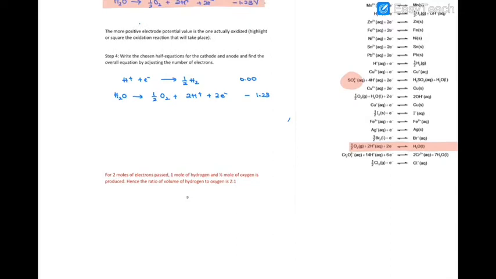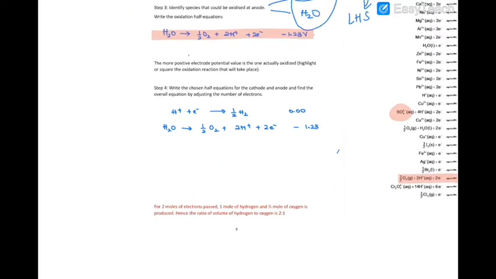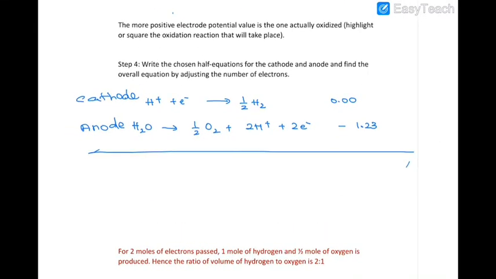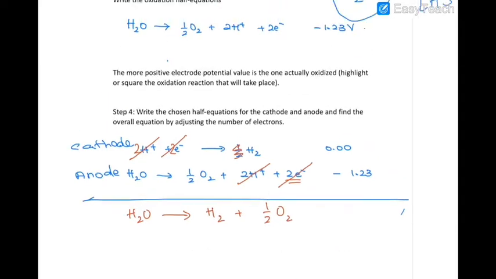So we have the two equations, one at the cathode and one at the anode. We can add them up here. I have 2 electrons, so I'm multiplying this by 2, and the H plus and electrons cancel out, so I end up with H2O giving H2 plus half O2.